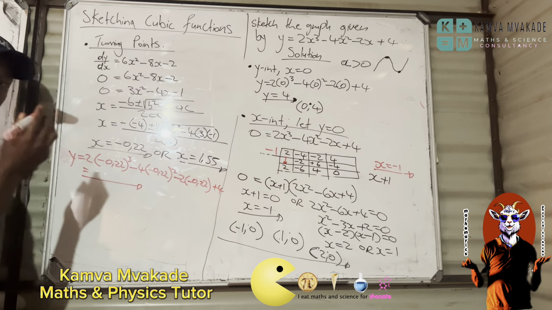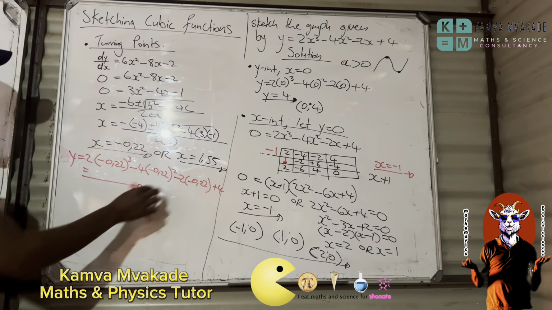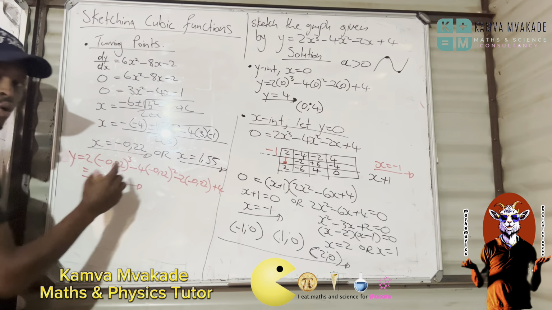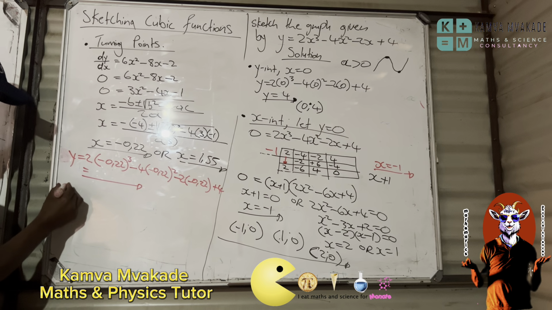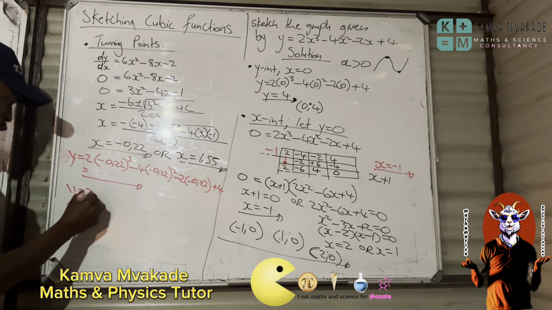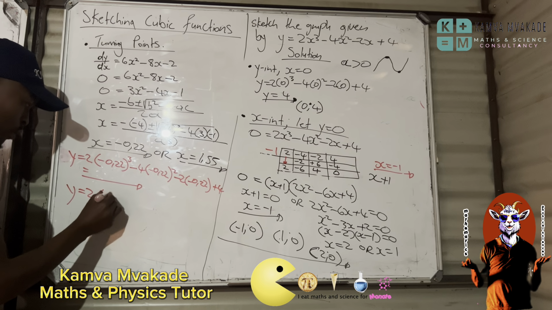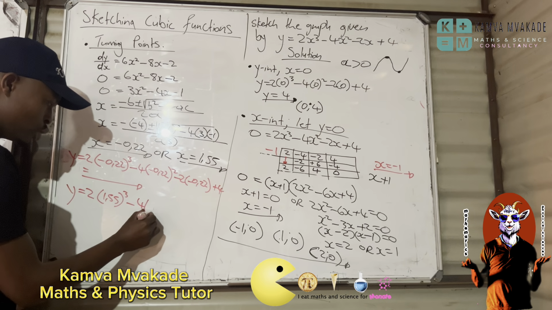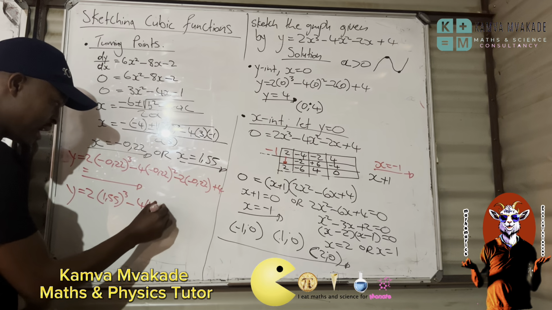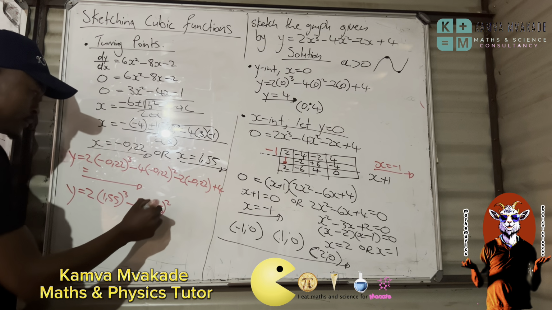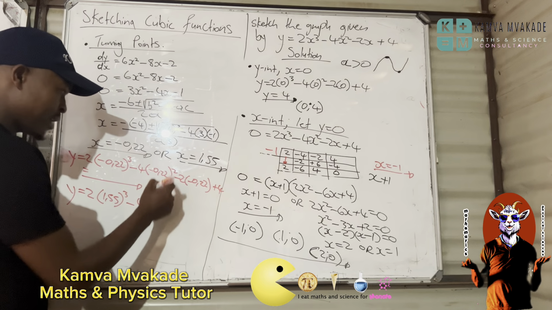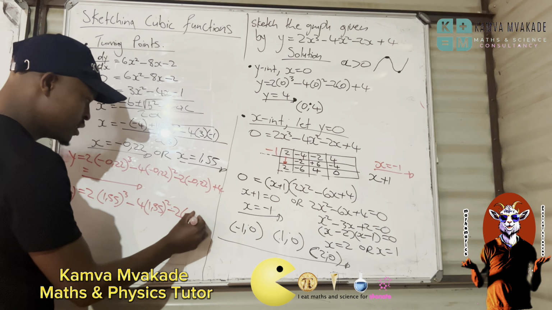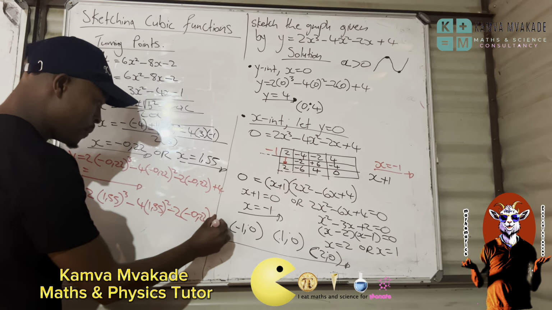But the corresponding y value is 1,55. So y is equal to 2 into 1,55 cubed minus 4 into 1,55 squared minus 2 into negative 0,22 plus 4.